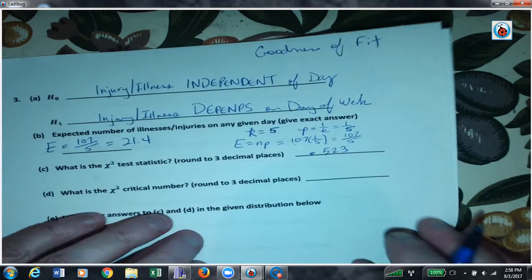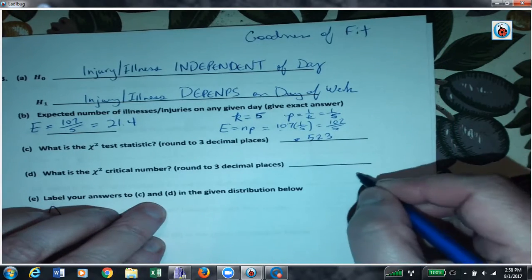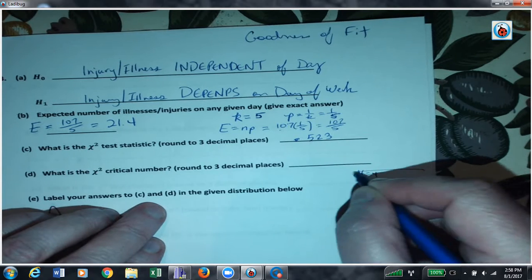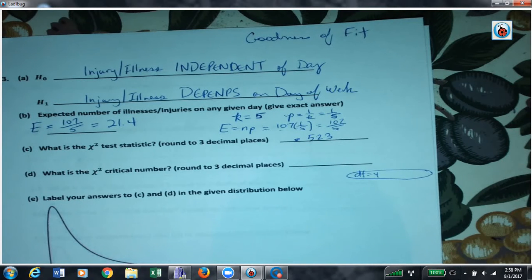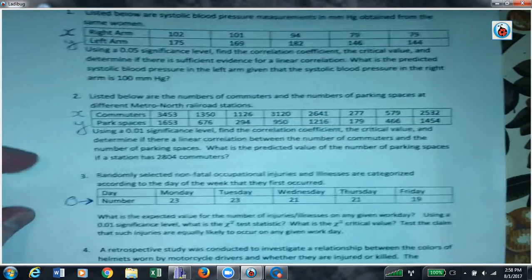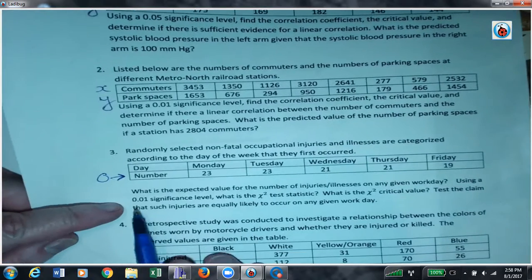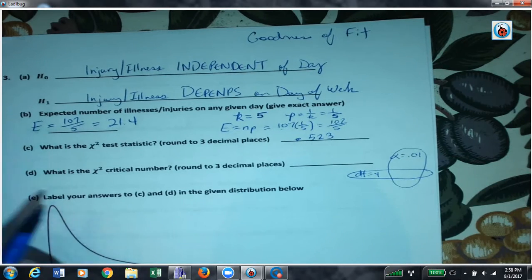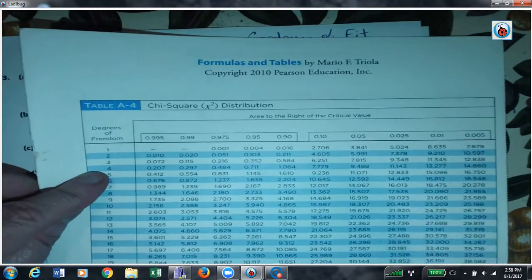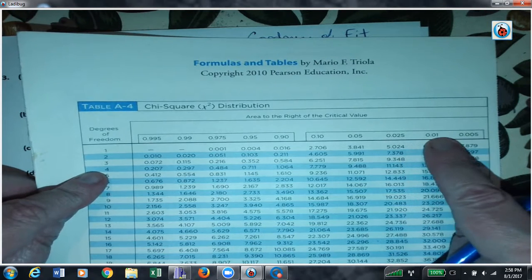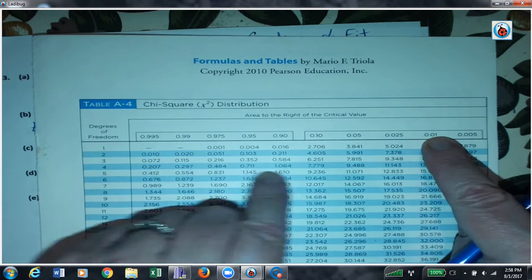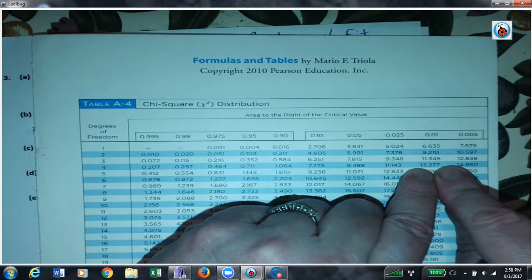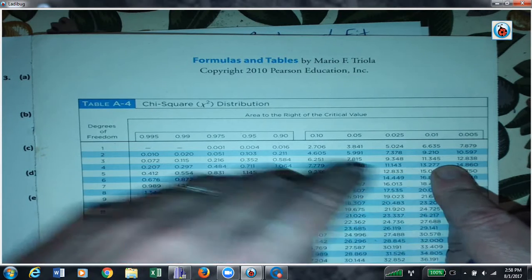So degrees of freedom is going to be 4 for this. And what was the alpha for this one? Alpha is 0.01. So that's what I want to get from this chart. Alpha is 0.01. There it is. Degrees of freedom is 4. So 13.277.